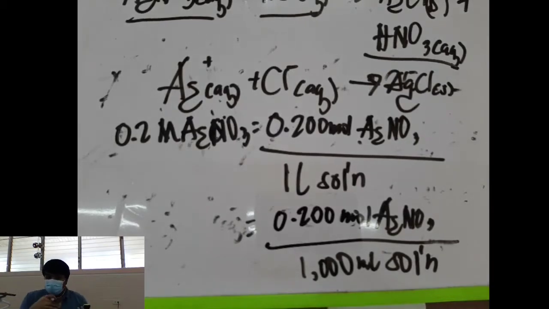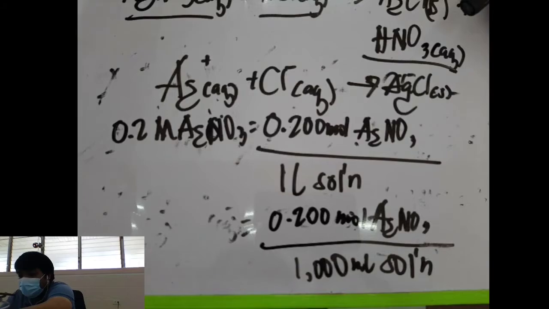And similarly, 0.150 molar of HCl will also mean 0.150 mole of HCl per 1,000 milliliters of your HCl solution. So let's do the stoichiometric calculations for this one. I'll use another board.